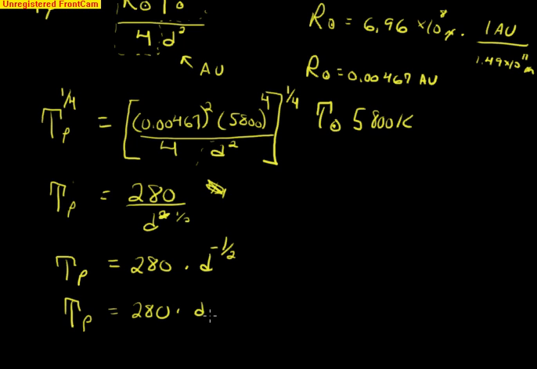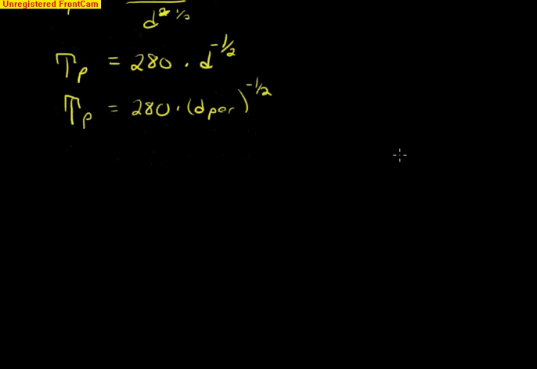We have two calculations, our distance of our perihelion to the -1/2. And what was that distance again? Distance of the perihelion was 0.307. So 280 times 0.307 raised to the -1/2.